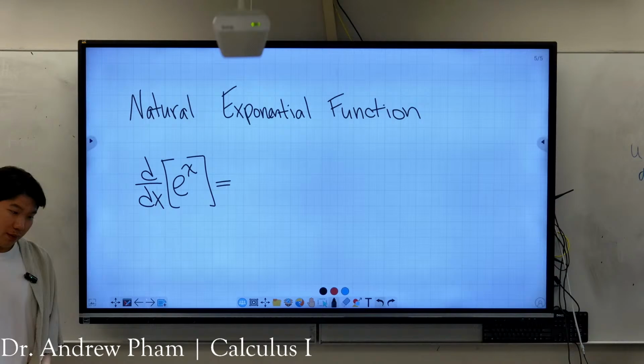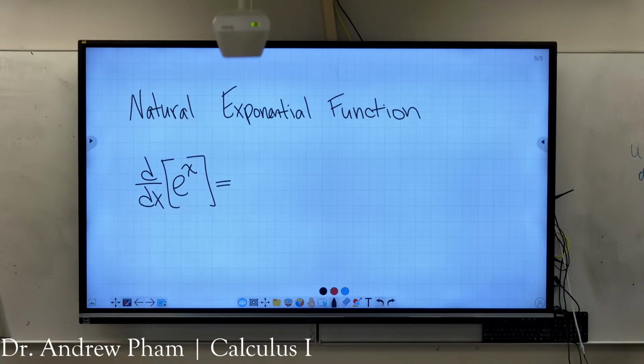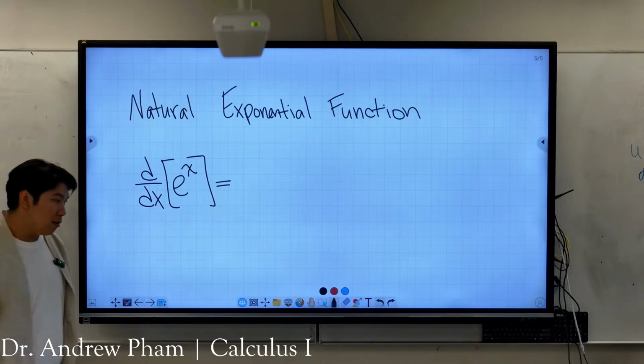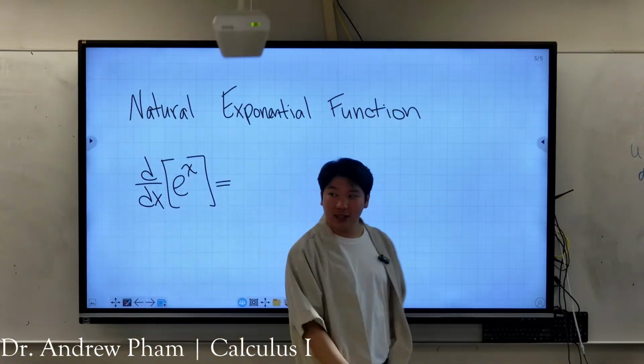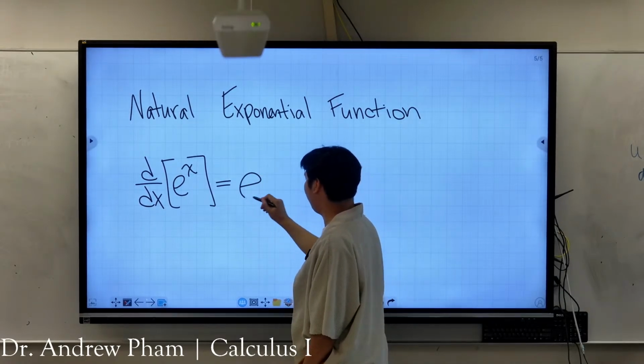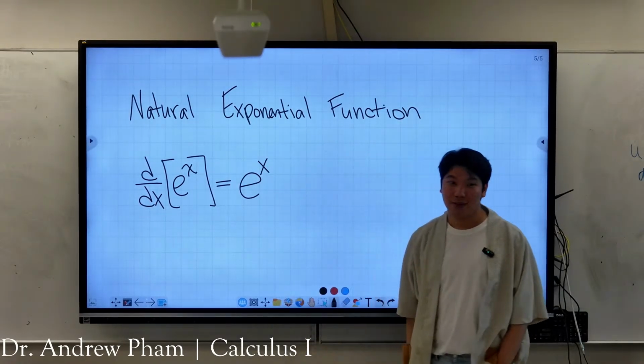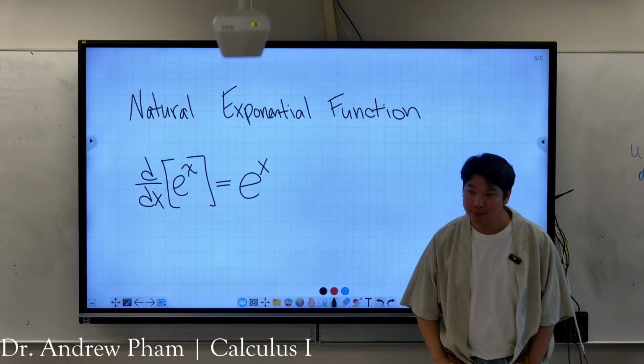First off, I want to point out, this is not power rule. Why is this not power rule at all? Before, power rule said x to a number power. Here we have a number to the power of x. So the derivative of e to the x is e to the x.